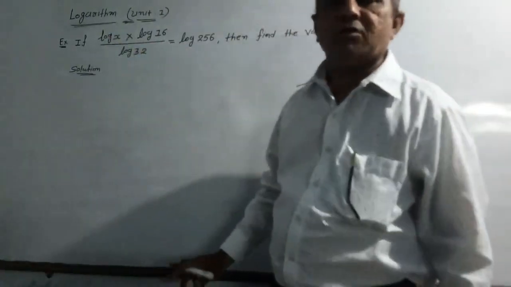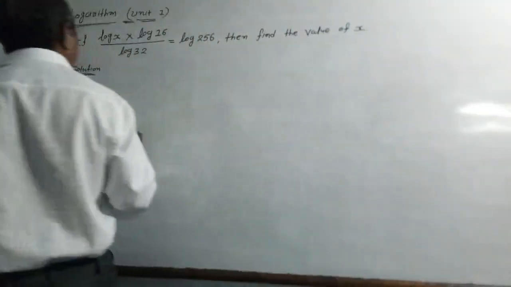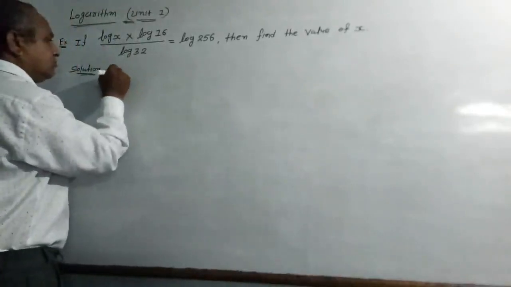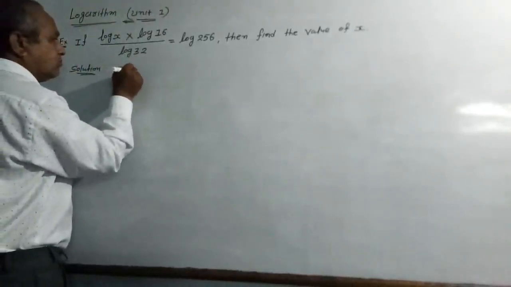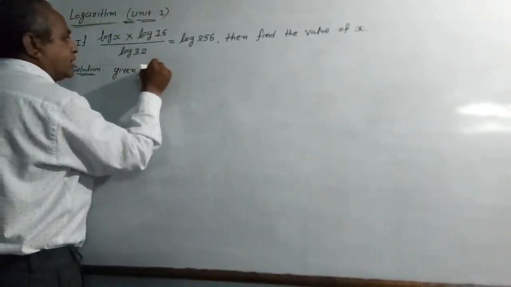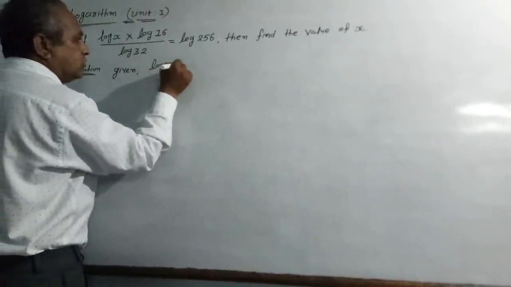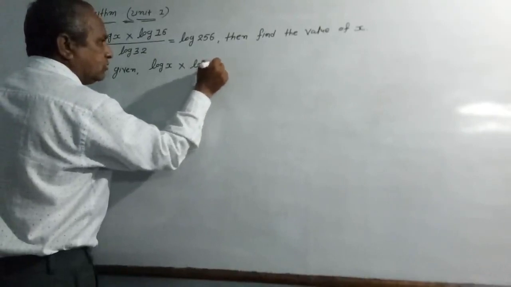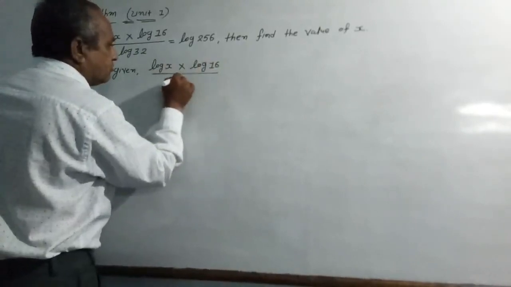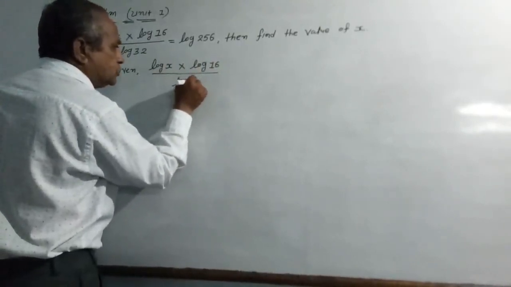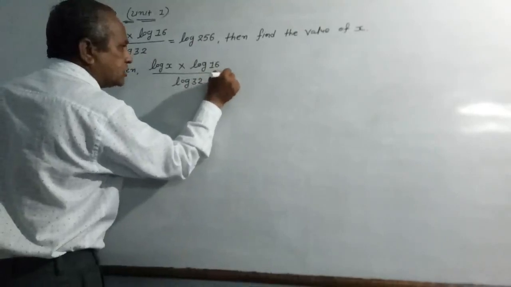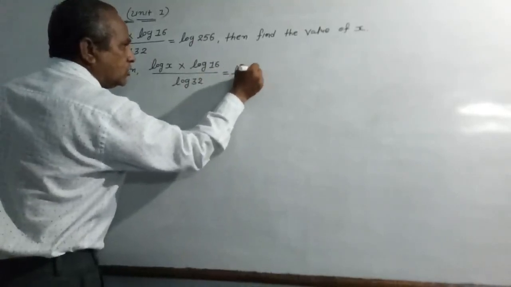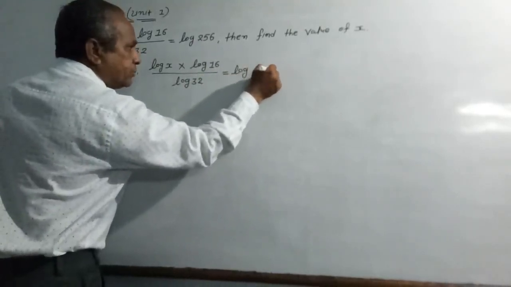So here given, log x multiplied by log 16 divided by log 32 is equal to log 256.